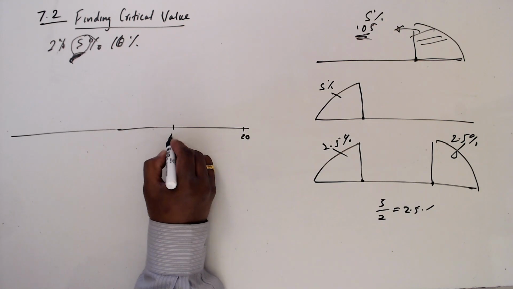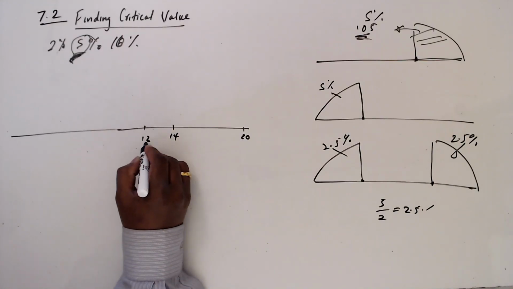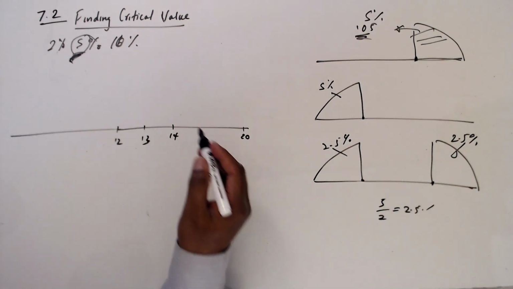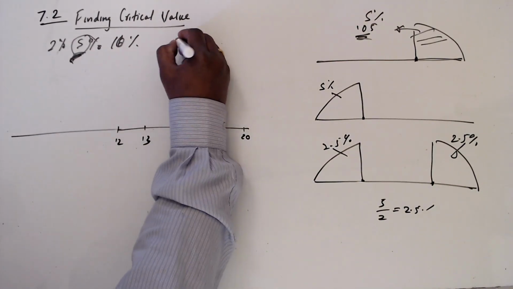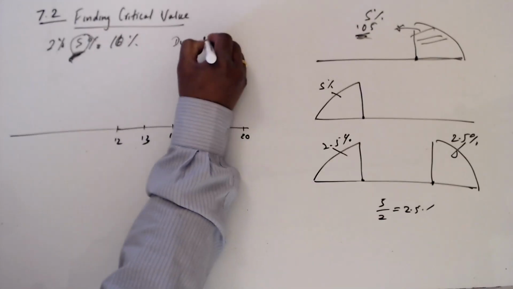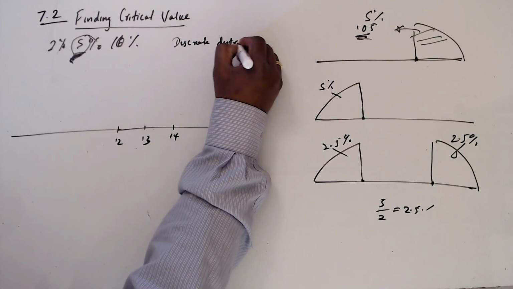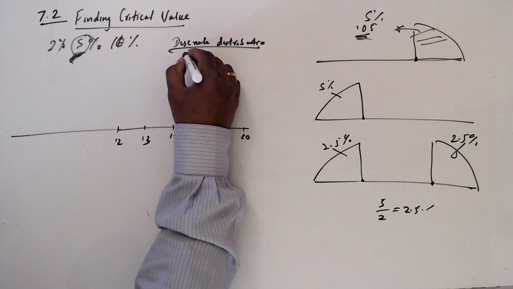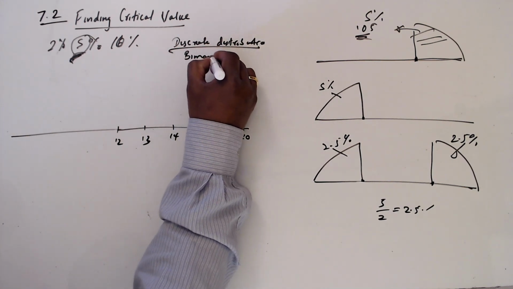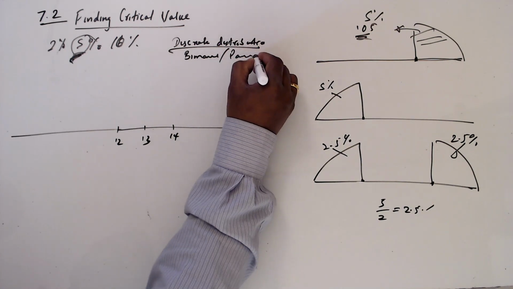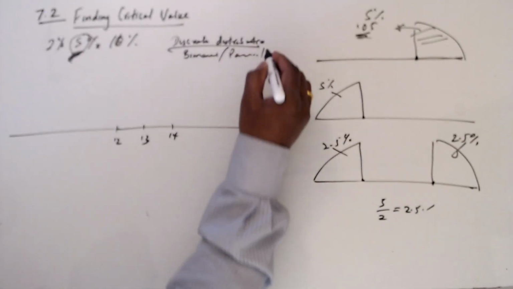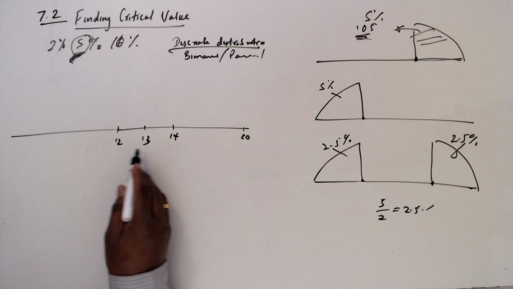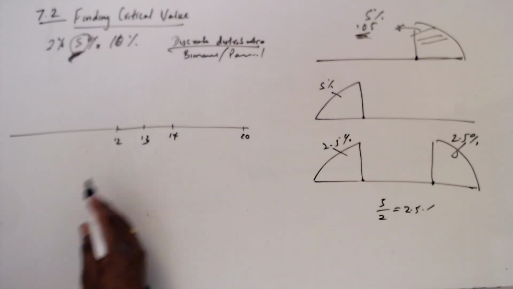I will take this as 14, 13 and 12, something like that. When we consider a discrete distribution, what are the discrete distributions? The binomial or Poisson or geometric. Why is it discrete? Because it will take only 13, 14; they don't take decimals.